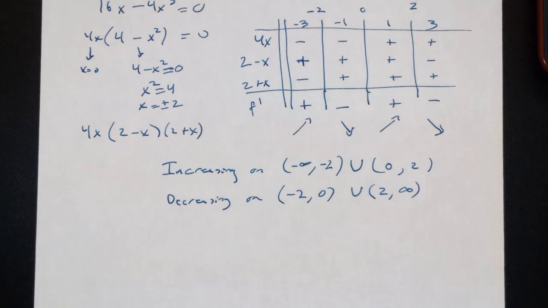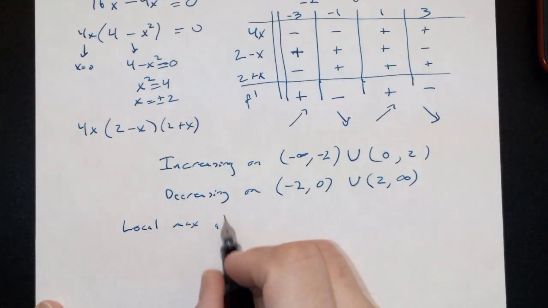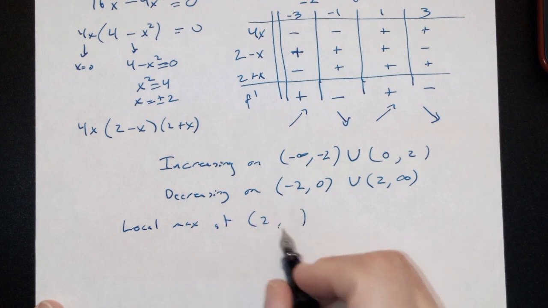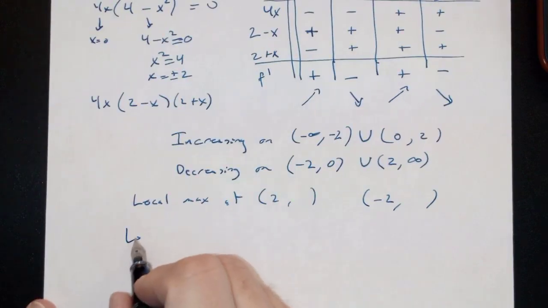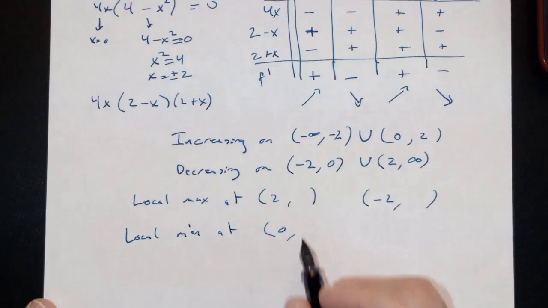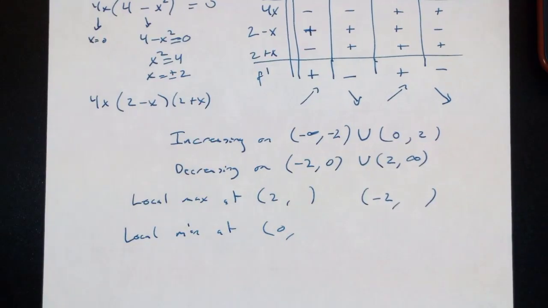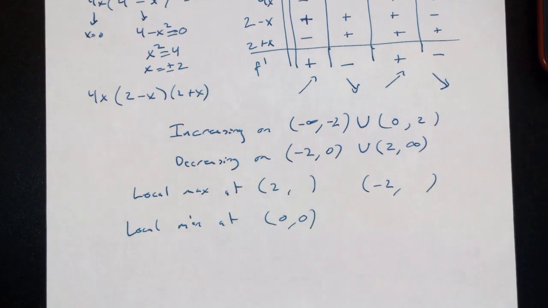Okay, negative 2 and 0 is a minimum. Write it down. Local max at 2 comma something. Negative 2 comma something. Local min at 0 comma. Hey, wait a minute. We already worked out the y value for that. Exactly. Because it was one of our intercepts.